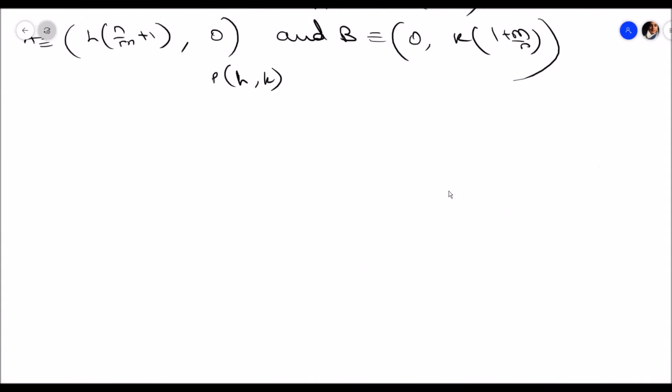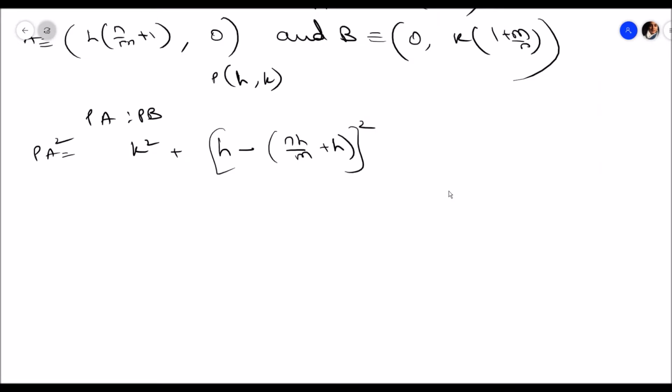All I need to do is find the ratio of PA to PB. Let me first find the distance PA. PA square is y2 minus y1 whole square, k square, plus x2 minus x1, that is h minus of nh by m plus h, whole square.